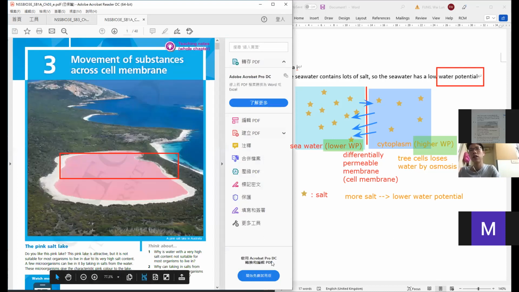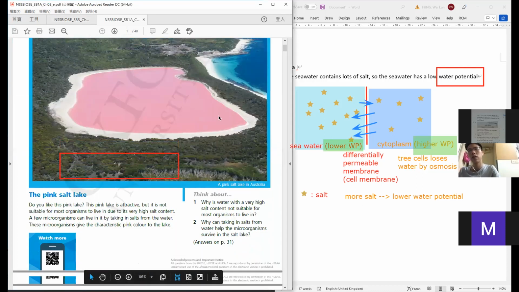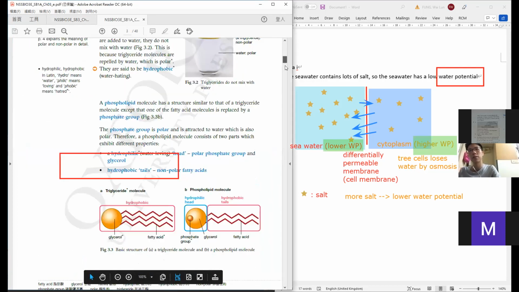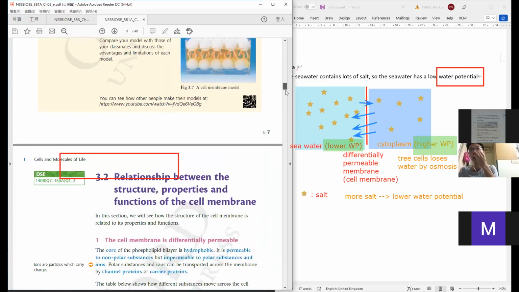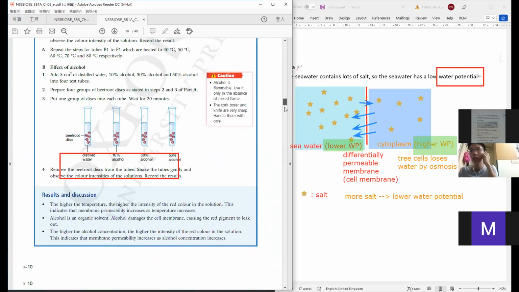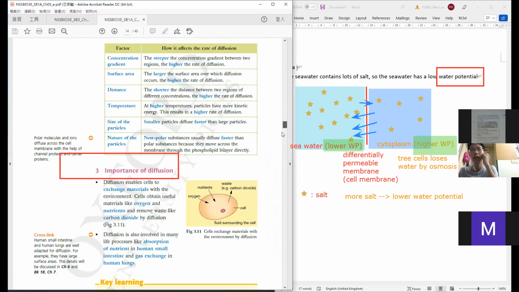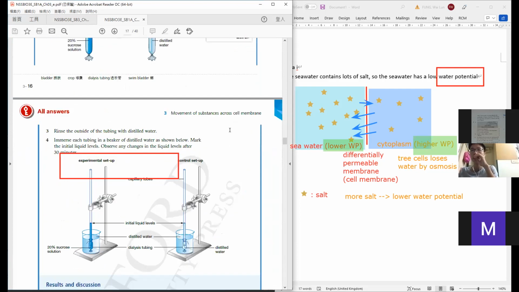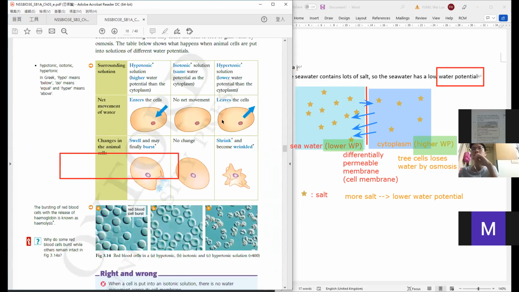Okay, so I know you were not using this textbook when you're in Form 3, supposedly. Okay, osmosis. So for example, you're putting the cell, this is the cell, and the water potential outside is lower. Water potential outside is quite low.